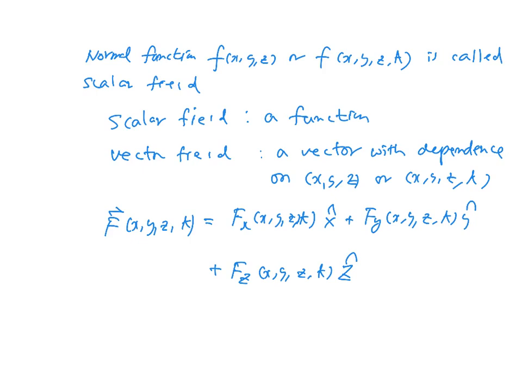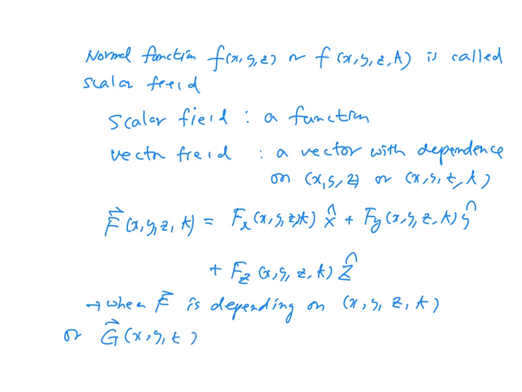So this is when f is depending on x, y, z, t. Or when the vector field is not depending on t, then we can just represent it with x, y, z. Or we have a different vector field, which is only a function of x, y, z.